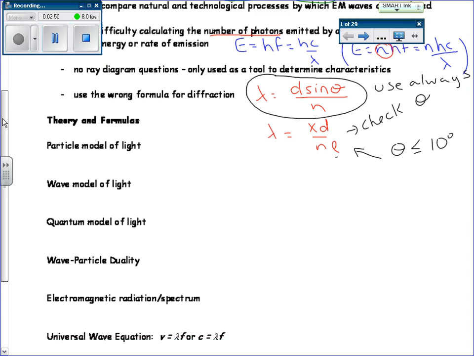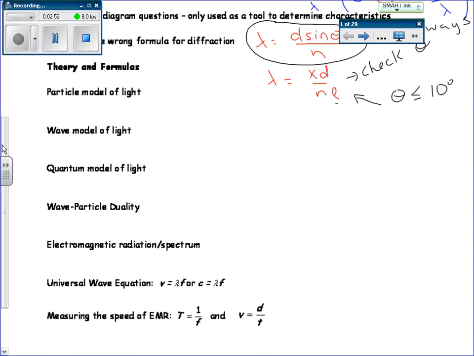So then part of the theory that you have to do is to trace the evolution of the model of light.